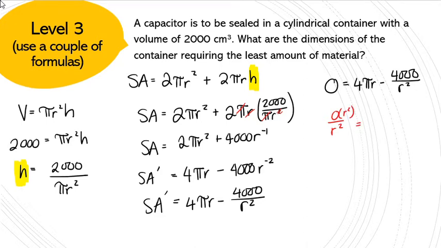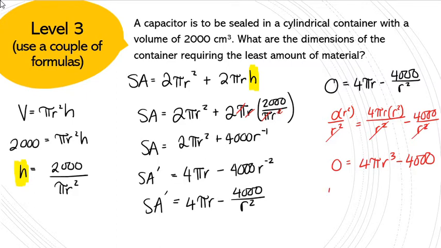I'm just going to show you the long way, just in case you've forgotten how to do this. And then we're going to multiply in r squared to the first part. Okay, and at this point you can just drop these when they're all the same. This is the beauty of the 0, and we're just going to get 4 pi r cubed minus 4,000.